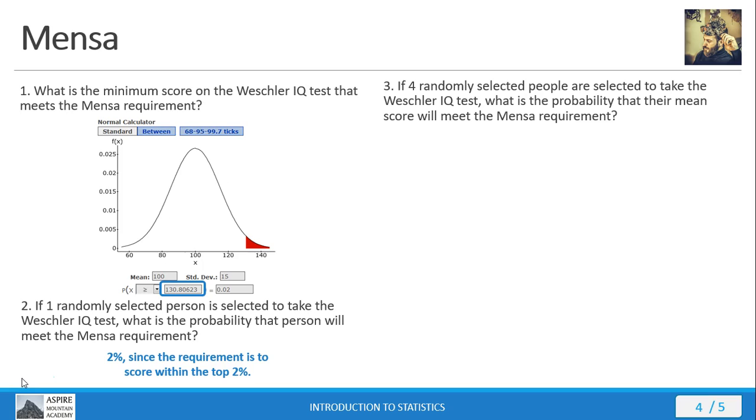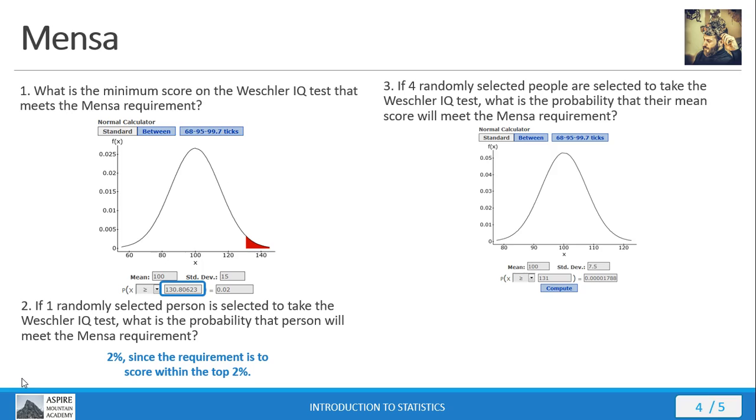Third question, if 4 randomly selected people are selected to take the IQ test, what's the probability their mean score will meet the Mensa requirement? So here for this question, I'm actually going to go back into StatCrunch, get that normal calculator, but I'm going to make an adjustment to my standard deviation value since now I have a sample size greater than 1.